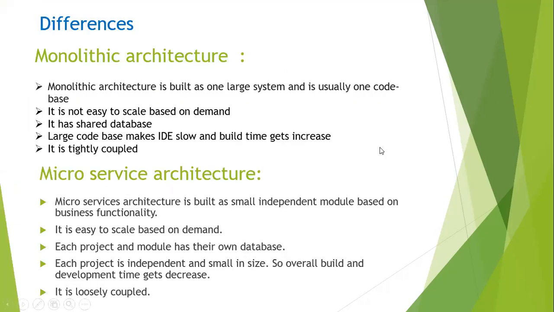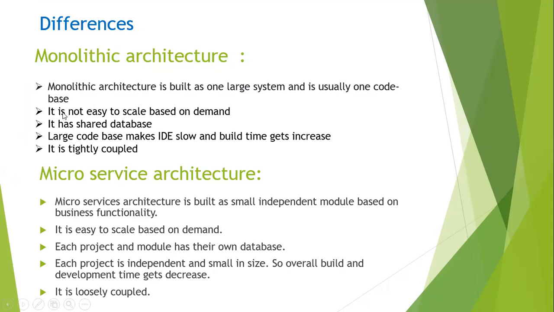Now we'll discuss the differences between microservices architecture and monolithic architecture. In monolithic architecture, it is built as a one-layer system and is usually one code base. But in microservices, it is built as small independent modules based on business functionality.